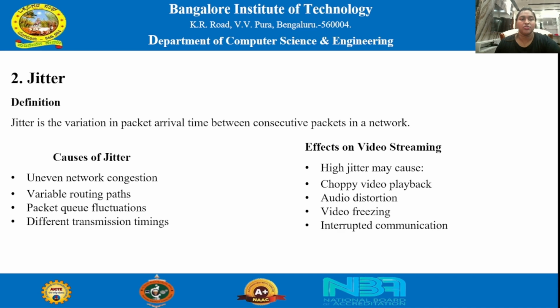Causes of jitter include variable network congestion, variable routing paths, packet queue fluctuations, and different transmission times. What are the effects? High jitter causes choppy video, audio distortions, video freezing, and interrupted communication. For better and smooth streaming, jitter should be minimal.